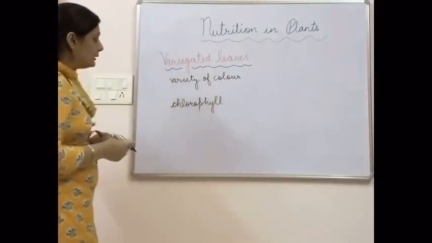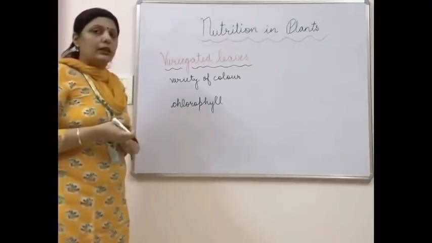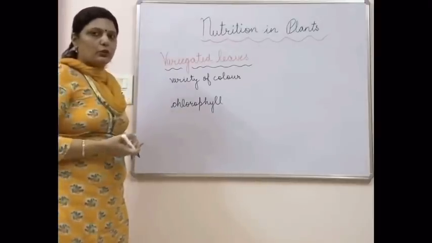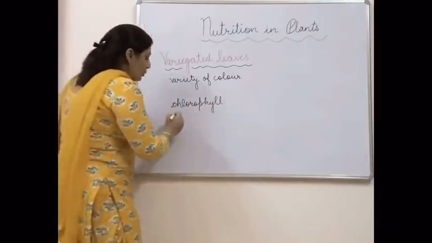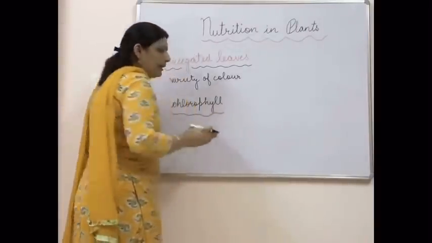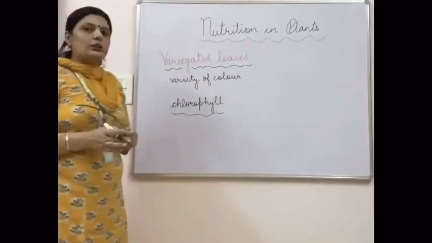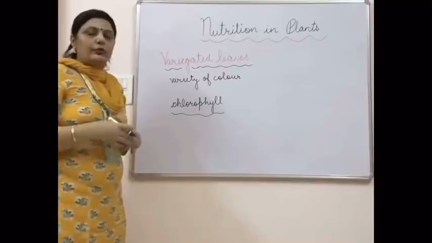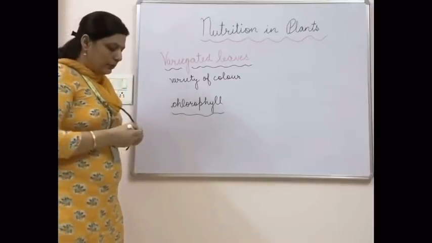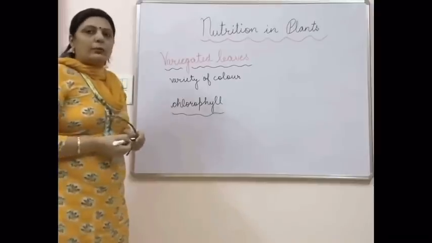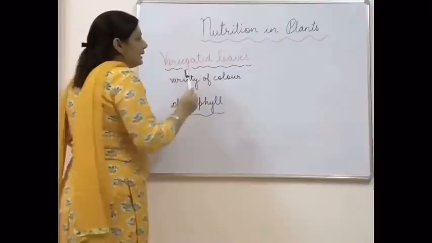Other colors means some leaves are having red pigment, some are having purple pigment, some are having yellow also. So the presence of chlorophyll is there, and that allows the process of photosynthesis. The other pigments just overlap and give different colors to the leaf. So these leaves look very beautiful, but still they carry out the process of photosynthesis. So this is a variegated leaf.